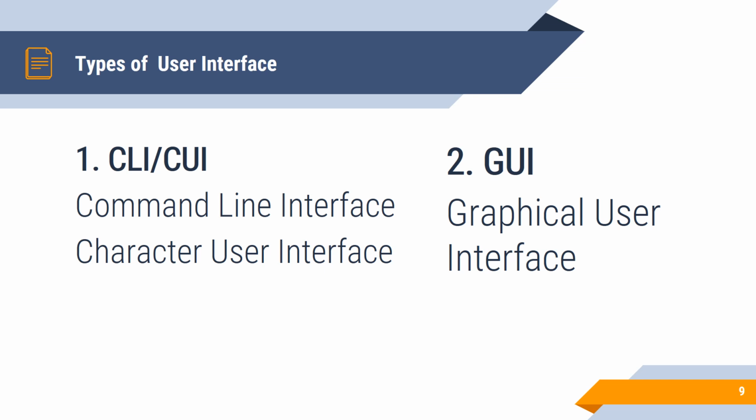There are two types of user interfaces available. We have already discussed the topics alone. One is CLI or CUI. CLI stands for Command Line Interface, or CUI, Character User Interface. The second one is Graphical User Interface.